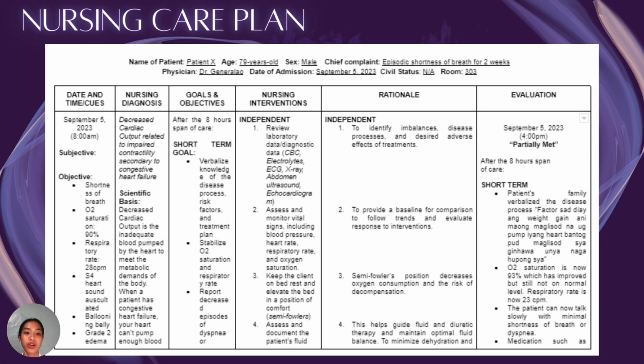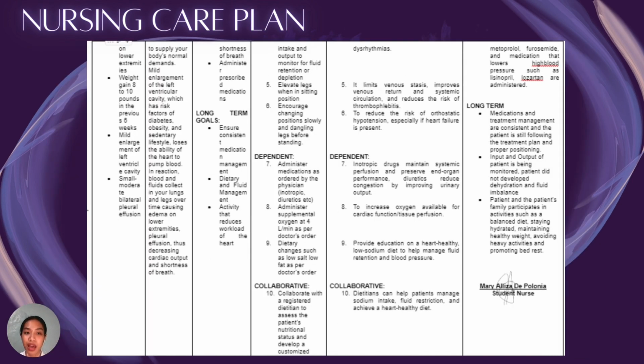So, decreased cardiac output is the inadequate blood pumped by the heart to meet the metabolic demands of our body. So, when the patient has a congestive heart failure, your heart can't pump enough blood to supply your body's normal metabolic demands.